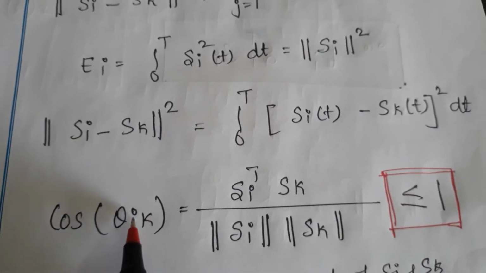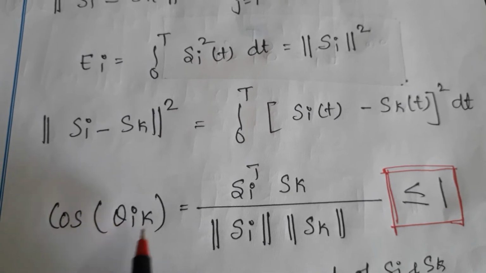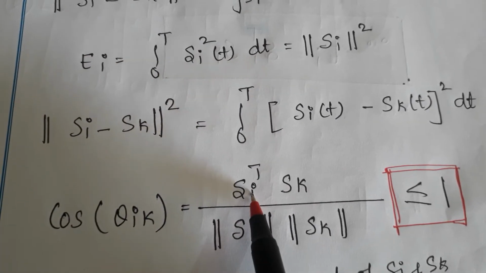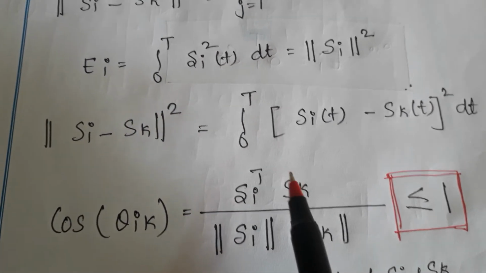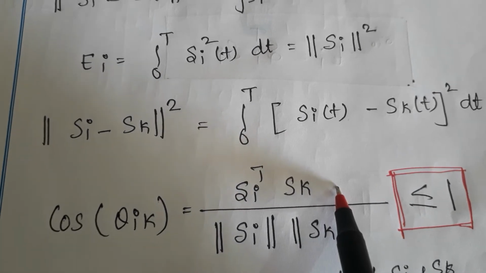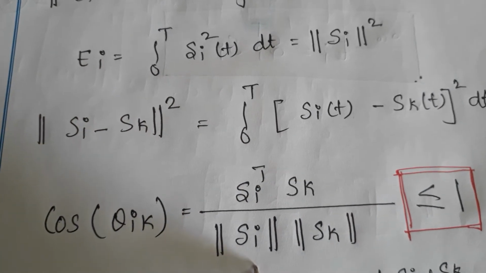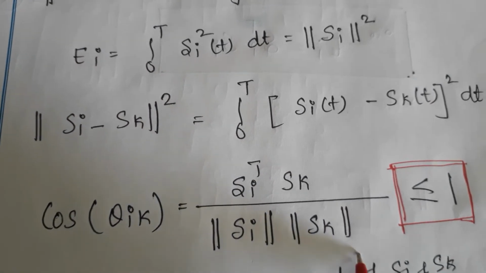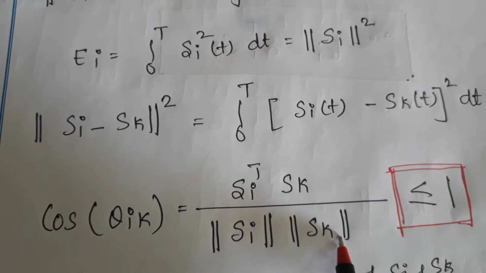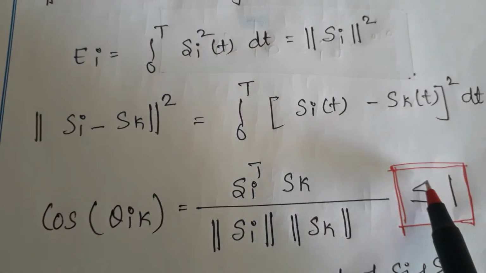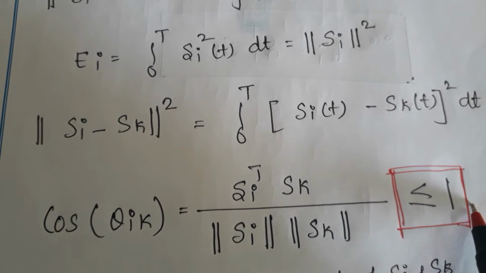Next is cos theta ik, the angle between this and this. It is Si transpose Sk, which you have already done, followed by the absolute value of Si and the absolute value of Sk. Remember, cos theta is less than or equal to 1. This is very important.